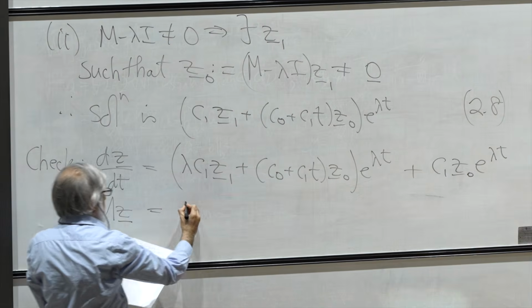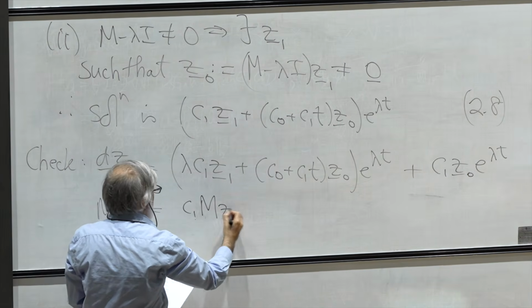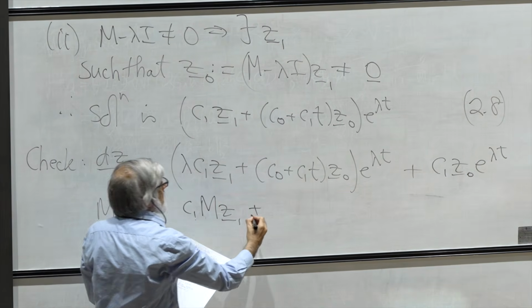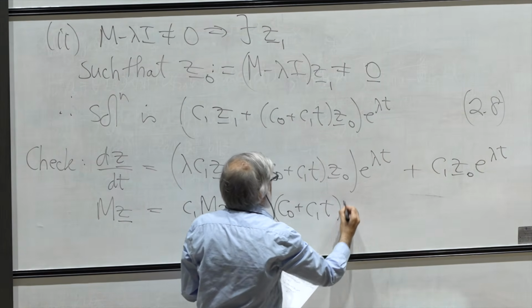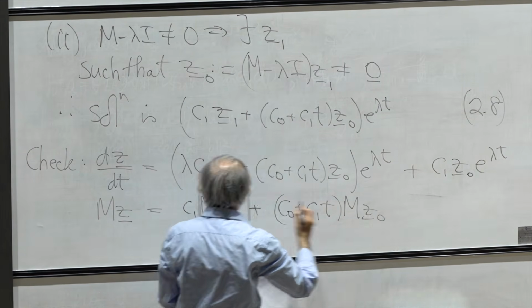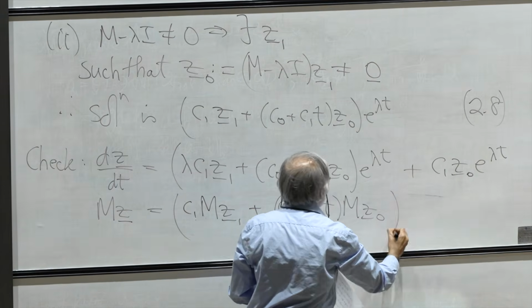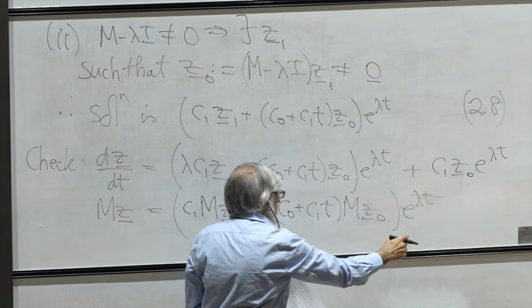So m z is c1 m z1 plus c0 plus c1 t m z0, times e to the lambda t.